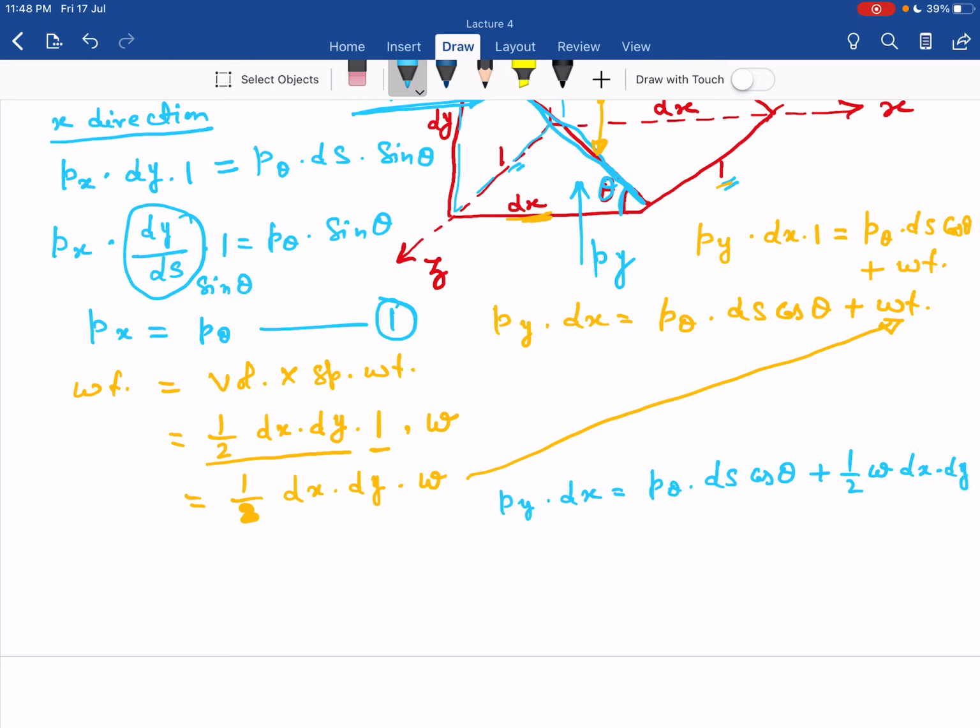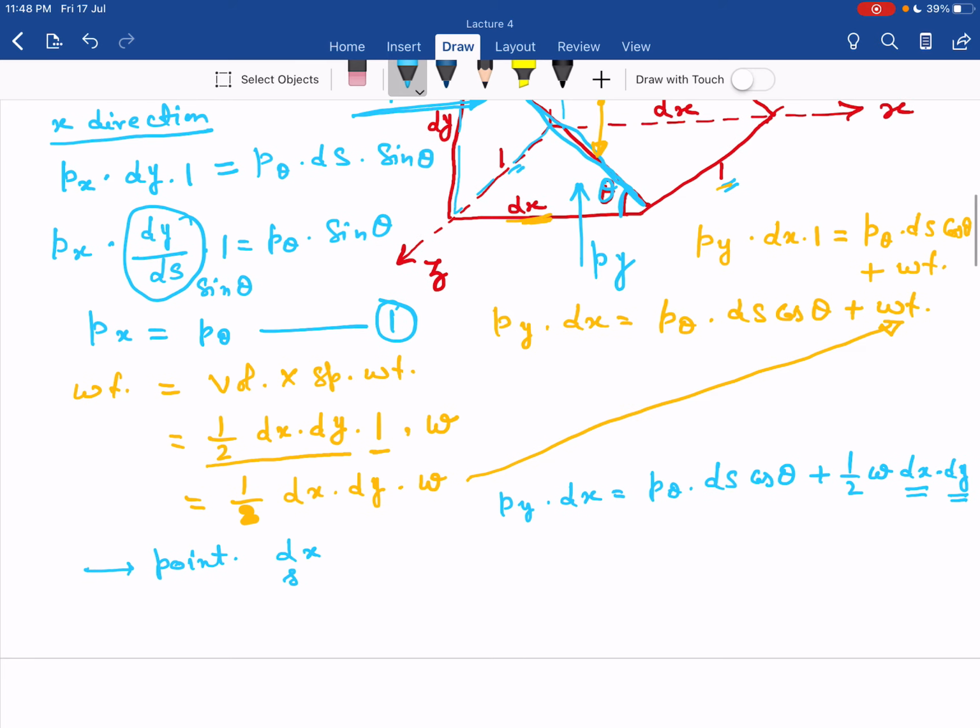Now dx into dy, these are very small terms. If this wedge shape element is similar to a point, then these dimensions dx and dy are very small values, so the product of these very small values we can neglect.